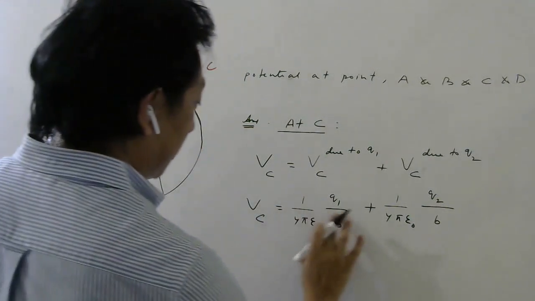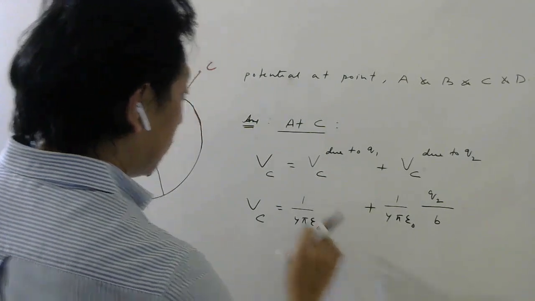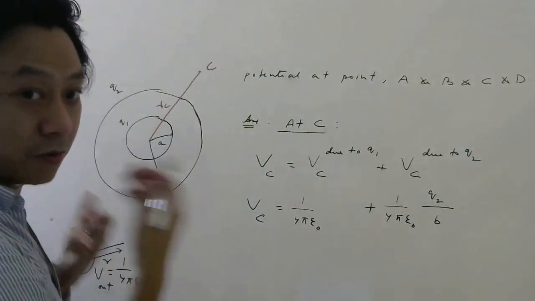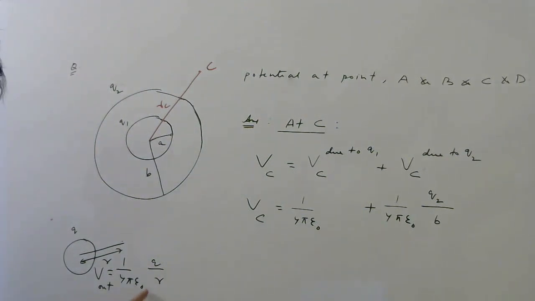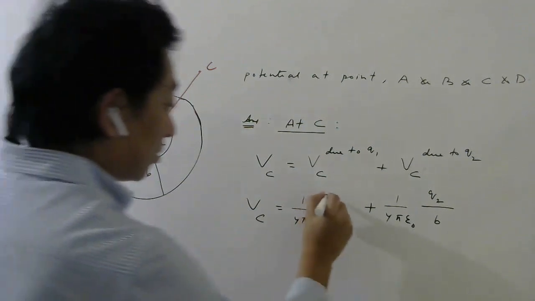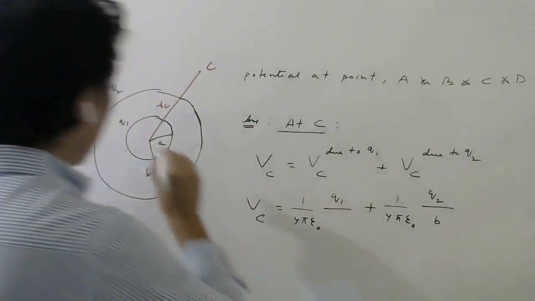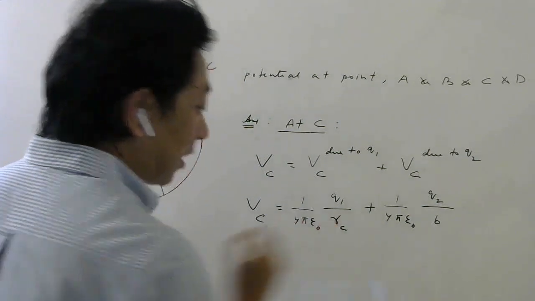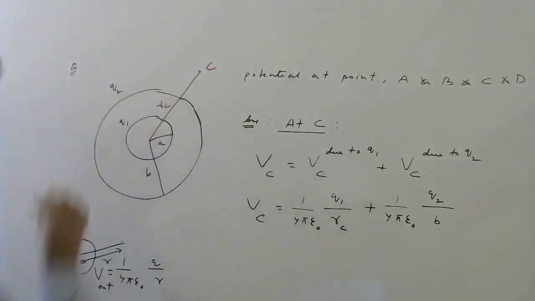Now look carefully. For this charge, where is this point? Outside. So for outside, this is the formula where small r represents from the center to the observation point. So charge is Q1 and from center to observation point is RC. So RC. So the radius will not come this time.